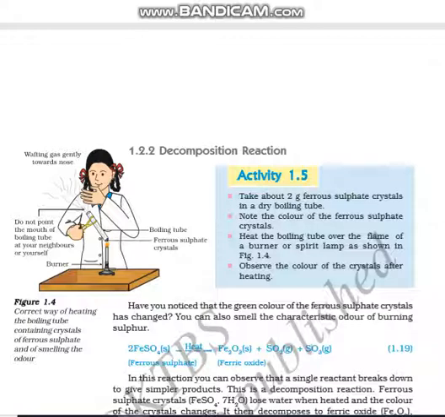Decomposition means we decompose a single compound into various different elements.